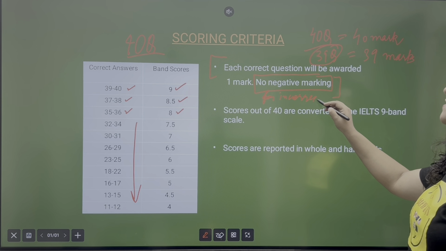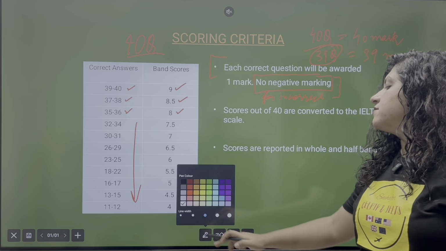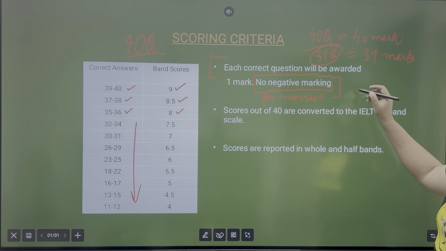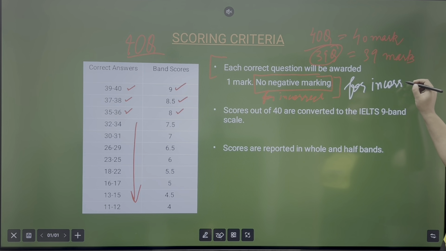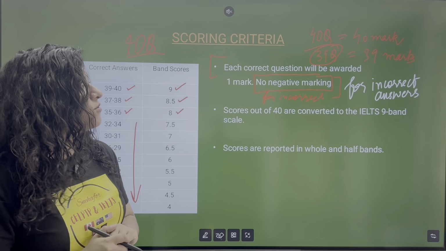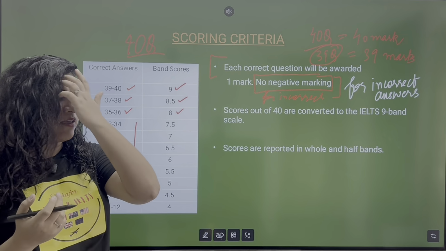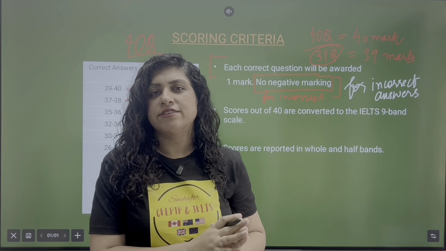That means that for incorrect answers, there is no negative marking. If you get any answer incorrect, no point is going to be deducted for that particular question. And that is why I will advise you to attempt each and every question in your listening module.